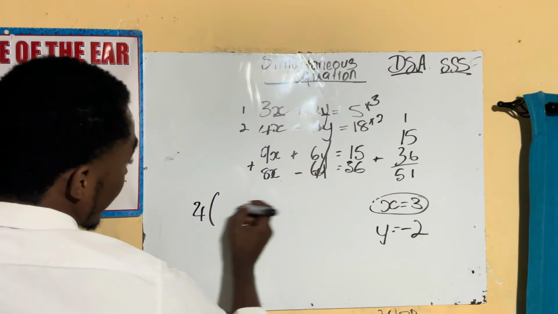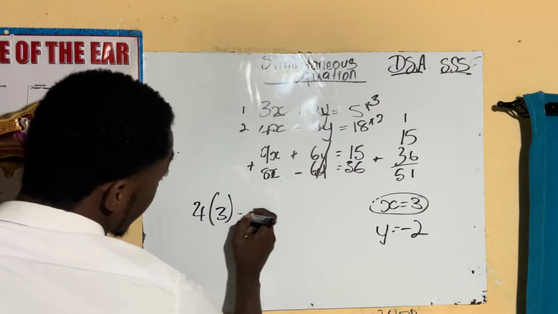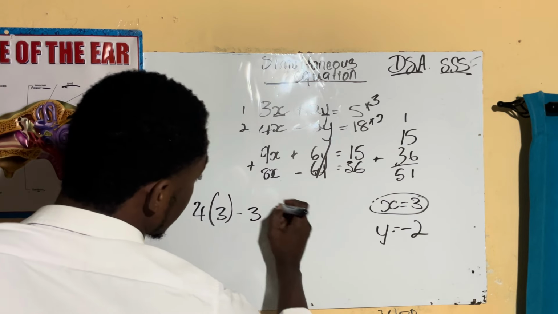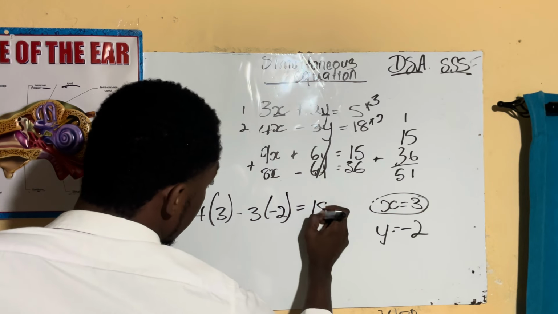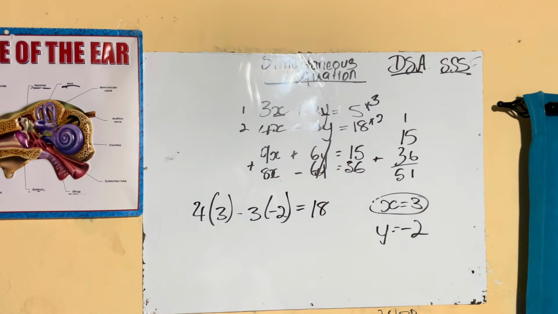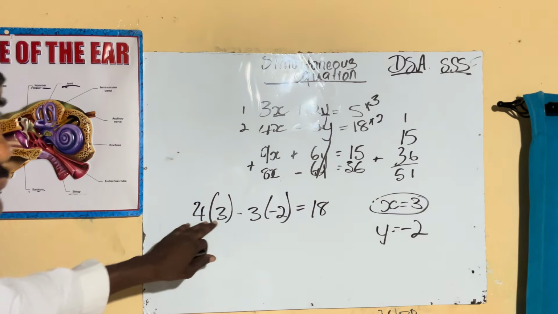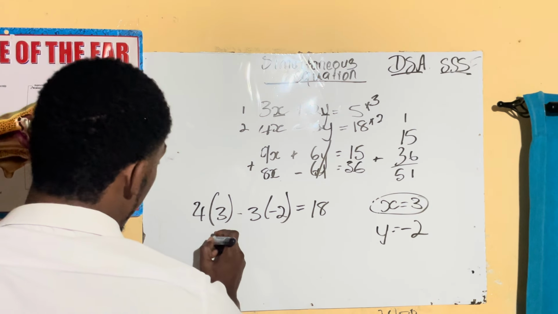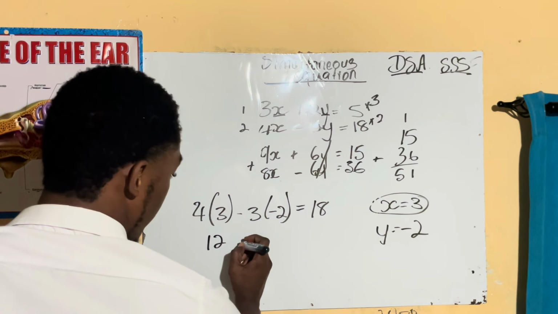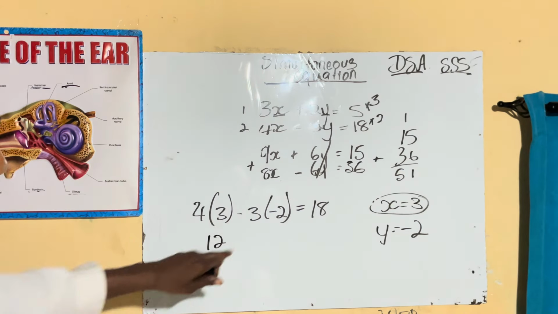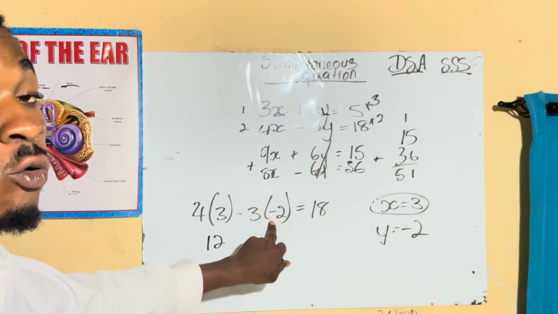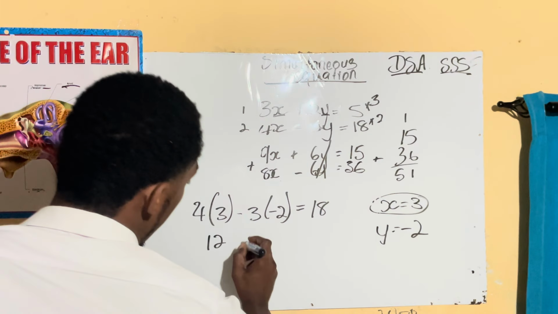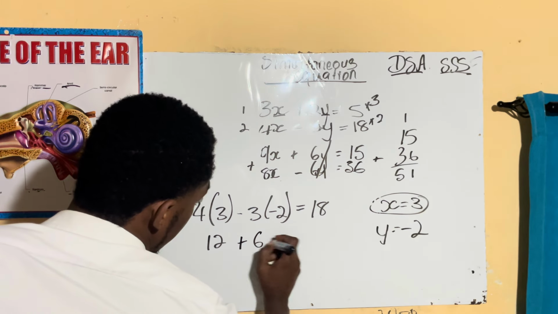4x, and x is 3, minus 3y, y is negative 2, equals 18. Now let's see if it sums out to 18. We know that brackets mean to multiply. So 4 times 3 gives us 12, and negative 3 times negative 2 gives us a positive 6.